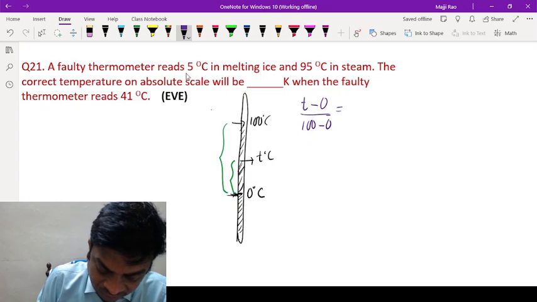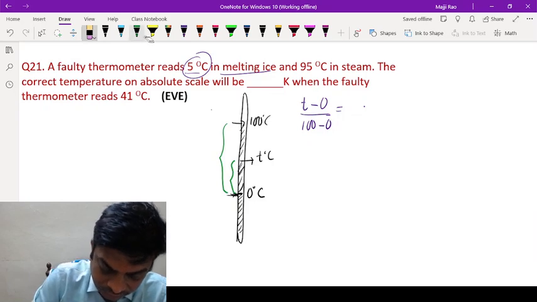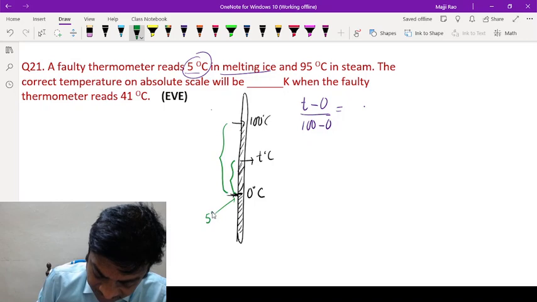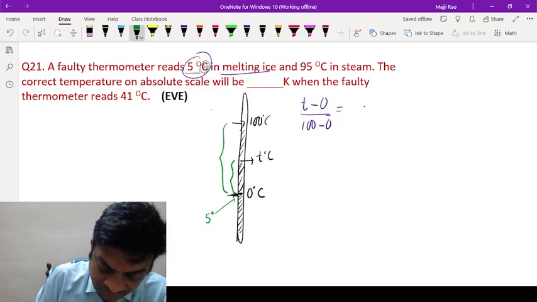Now coming to this faulty thermometer, the temperature of melting ice is 5 degrees. Don't use degree Celsius or else you'll get confused. And at the steam point, that is the boiling point of water, it is 95 degrees.